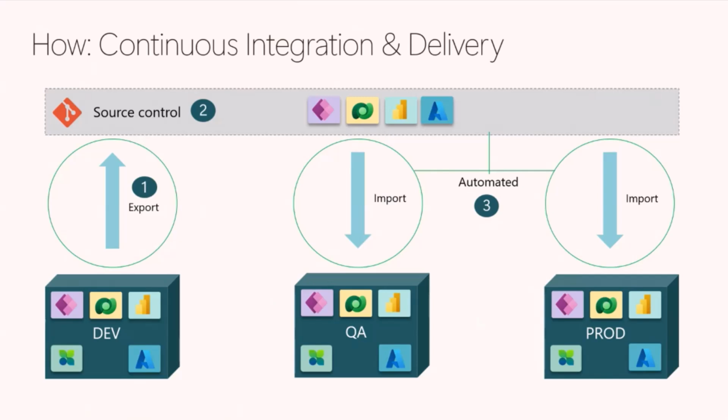Unpack means taking that zip file and exporting it to a folder where each individual element has its own XML file residing in the source control. So that's the second step, source control, to have all your elements, as well as, for example, for data, the export schema added there.